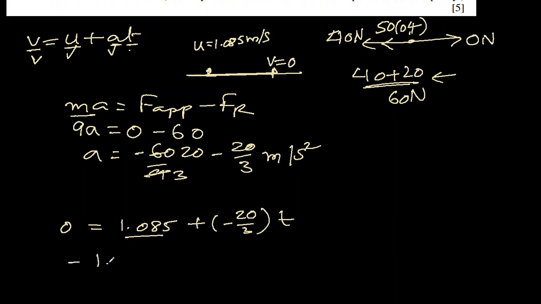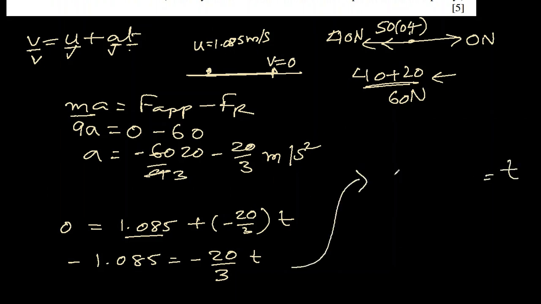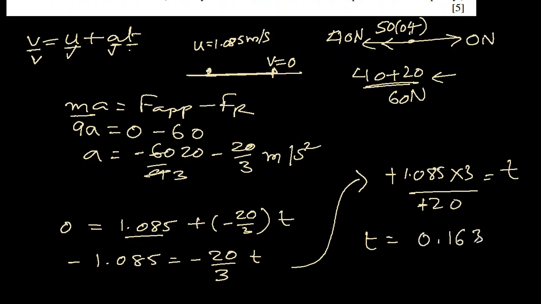So 0 equals 1.085 minus 20 over 3 t, so 1.085 goes to the left side: 1.085 equals 20 over 3 t. Time will be 1.085 times 3 over 20. When we put this whole thing in our calculator, we get 0.163 seconds.